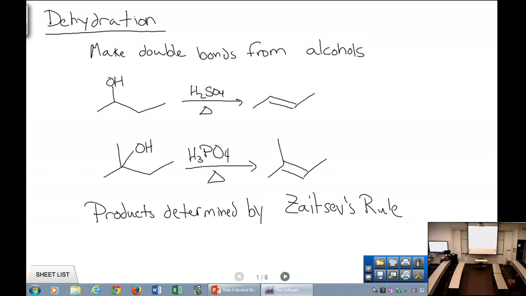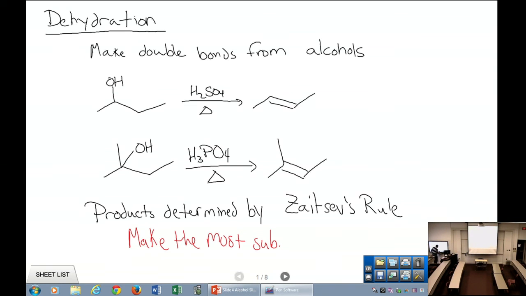Your products are going to be dictated by Zaitsev's rule. So that means that you're always going to make the most substituted double bond. That is Zaitsev's rule.